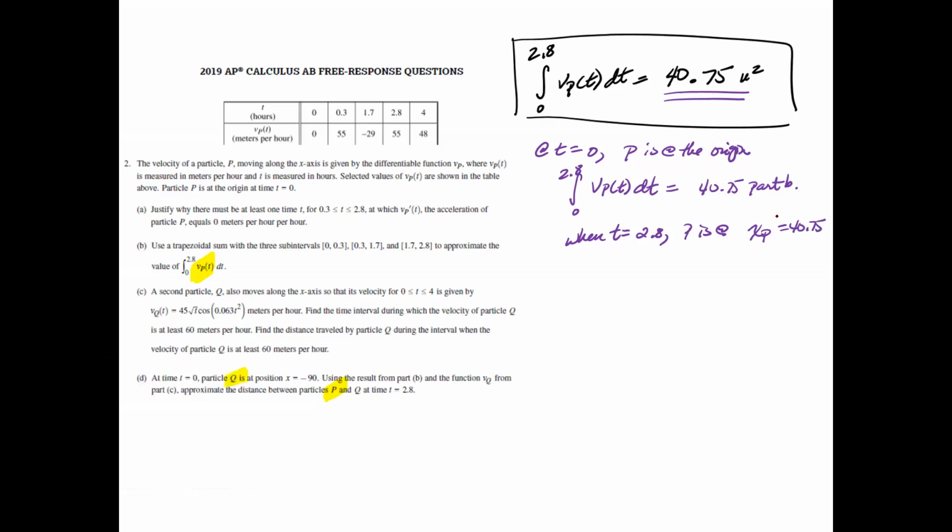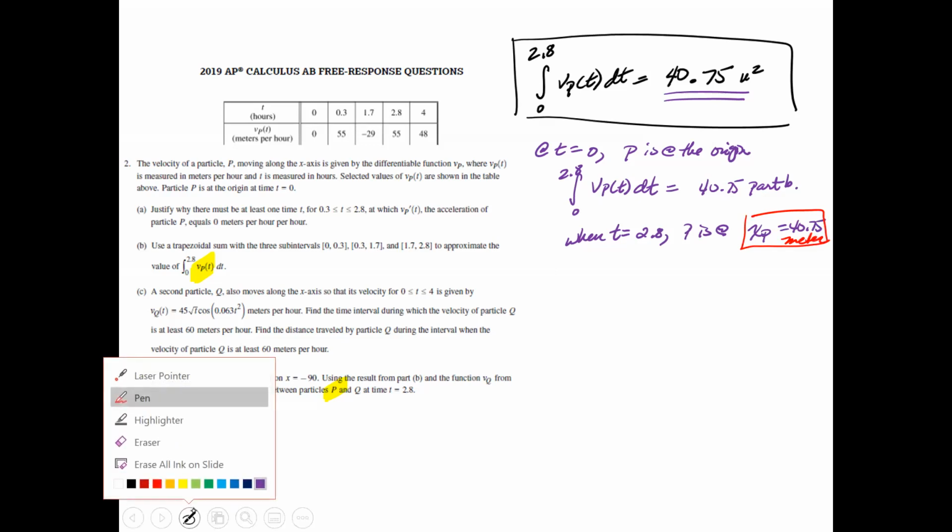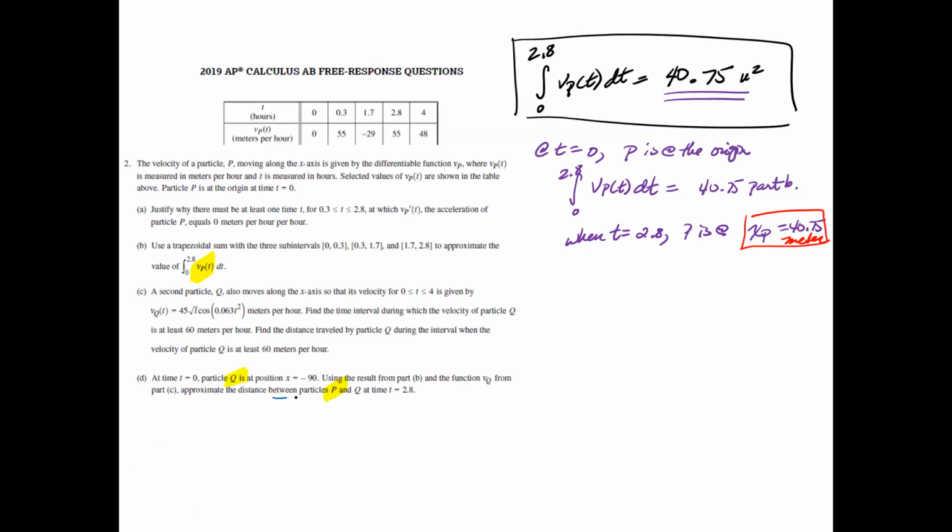So I'm going to lock this piece of information down, and it's meters. However, I need to find the second part, which is the position of Q. Sorry, we just found P. This is P right here. Now I need to figure out what Q is.